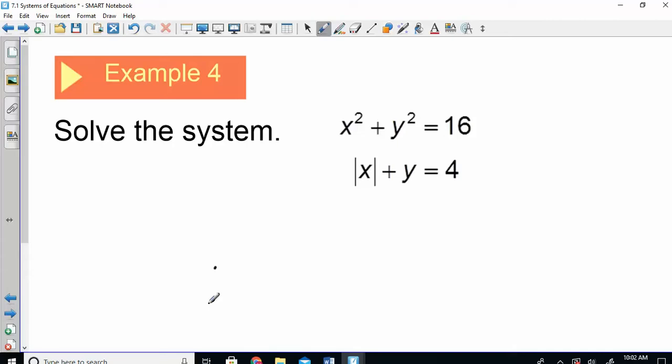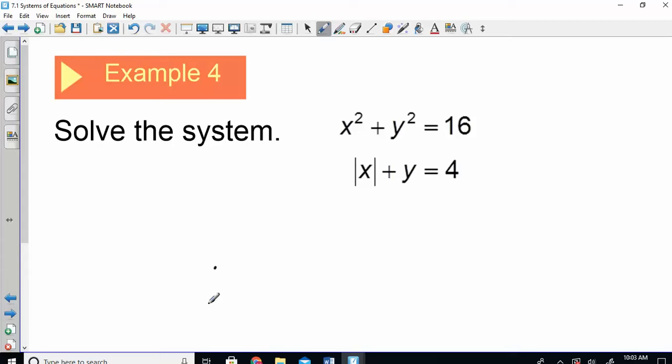So this one, is elimination going to work well here? No, because we have x squared and y squared, so that's not really going to help me. Any other strategies that we could use? Substitution.